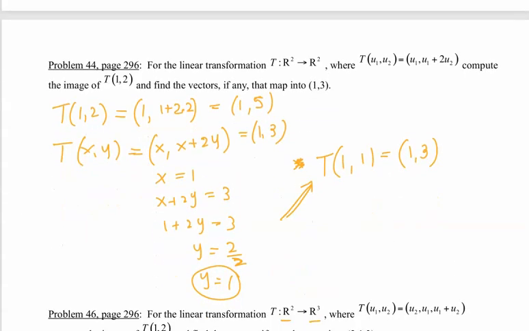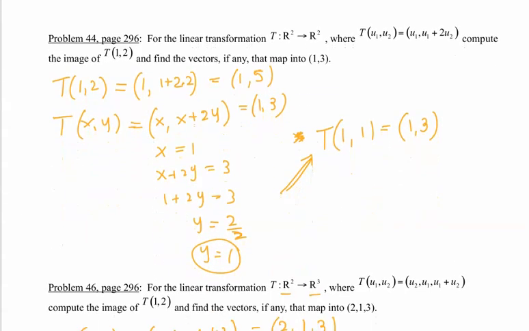All right, let's look at a similar example. Again, this is R2 to R2, so two components in the input vector and two components in the output vector. If I use (1, 2) as the input vector, what happens? The definition is (u1, u1 plus 2u2), and that gives the output (1, 5). So if I apply it to the vector (1, 2), the output is (1, 5).